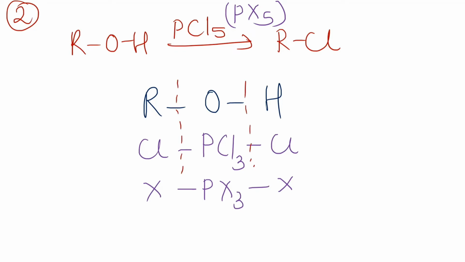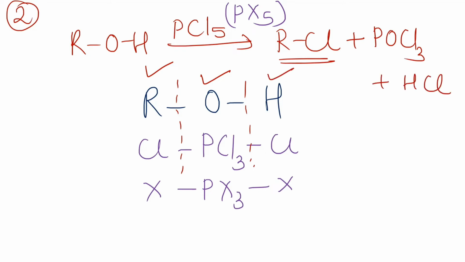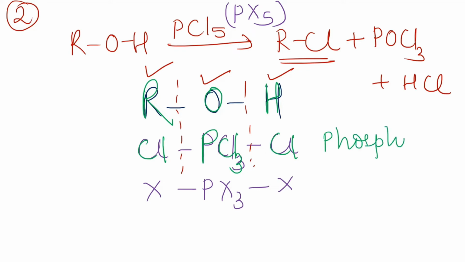This is how it will break. This is the product RCl, this is the byproduct POCl3, and the third byproduct HCl. I hope this is clear. This is how you have to remember this: RCl, POCl3 and HCl. Simple. Reaction of alcohol with phosphorus pentachloride.